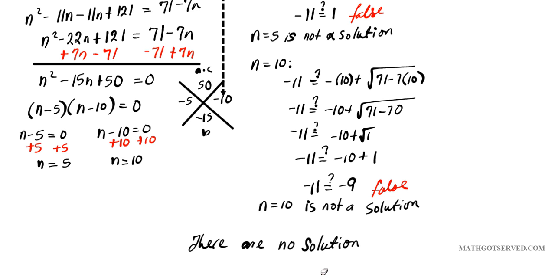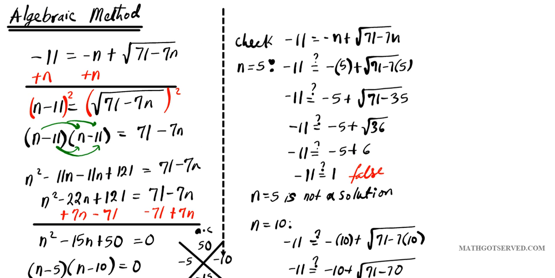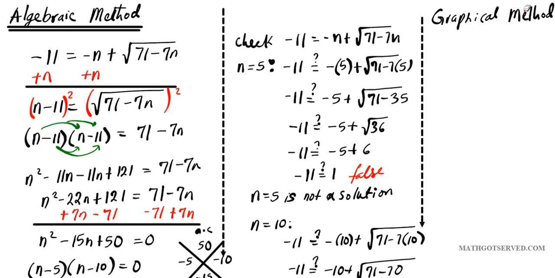All right, so let's go ahead and see what the graphical result is going to look like. We know that there are no solutions, hopefully. Let's see if our calculator agrees with us. All right, so graphical method. For the graphical method, we will follow the same procedure as we did in number 3.